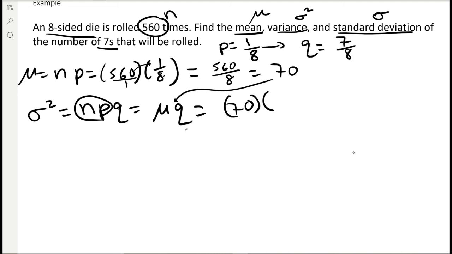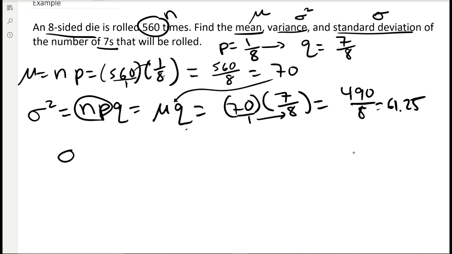So 1 minus that. So we're going to do 7/8. And then 70 times 7 is 490, and then 1 times 8 is 8. And then we're going to go ahead and divide those numbers, and you're going to get 61.25.